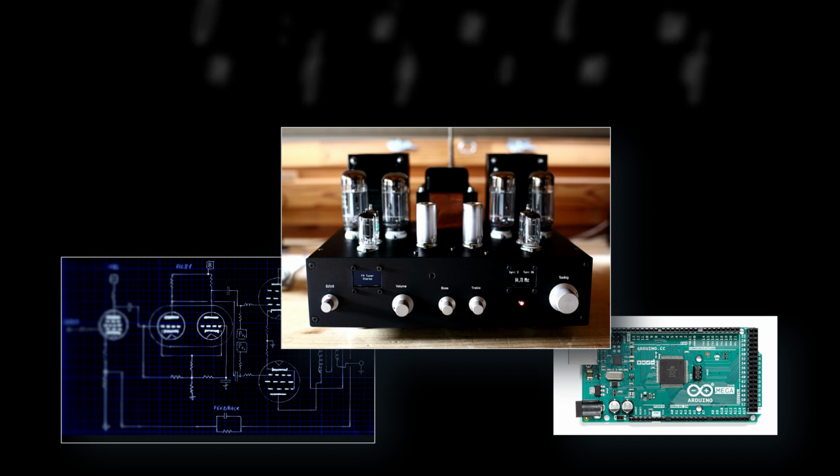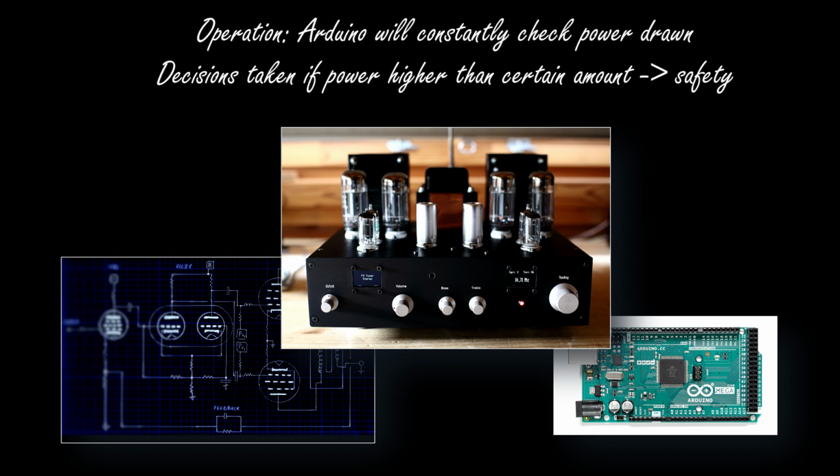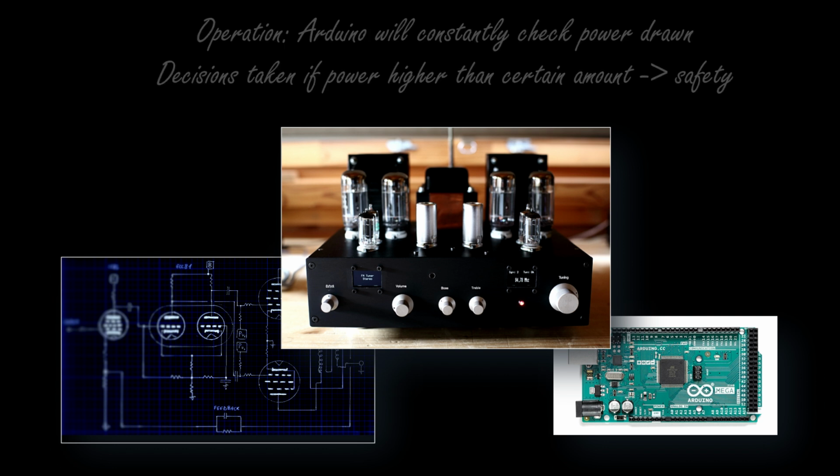During operation, Arduino will disconnect the main power relay if the power drawn by any of the 4 power tubes is higher than a certain amount. As you can understand, this is a safety feature implemented through Arduino.